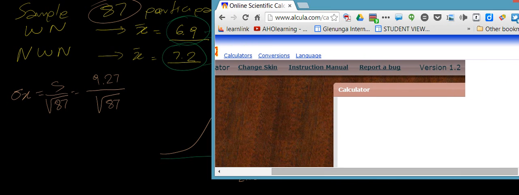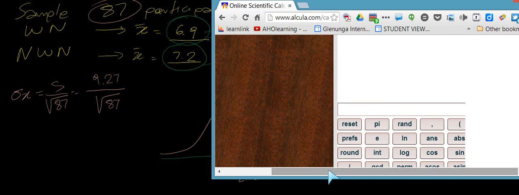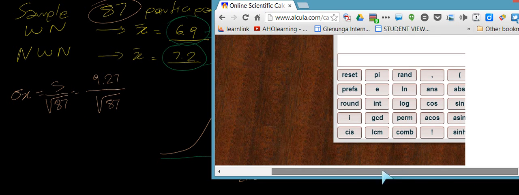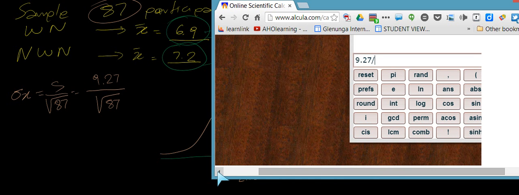So I'm going to enter here so you can see what we're entering. 9, I have to divide 9.27. So it's a simple division. 9.27 divided by, I need to find the square root.